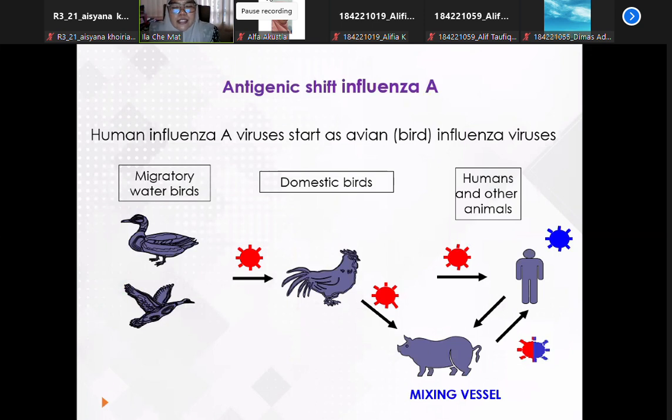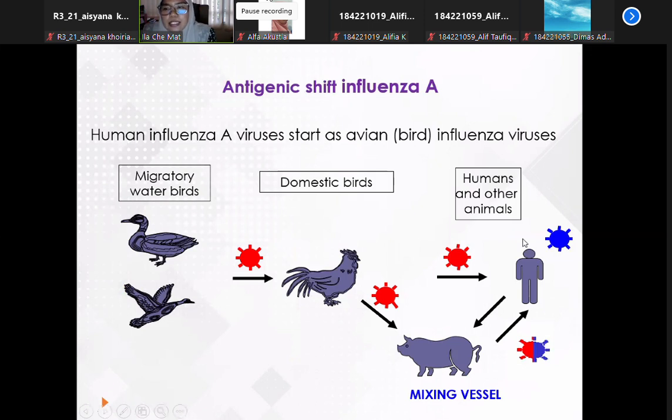Like I told you, for the antigenic shift, you probably wonder how they combine two strains. So here is an example. Let's say a red and a blue strain. The red strain originally comes from migratory birds and reaches domestic birds.